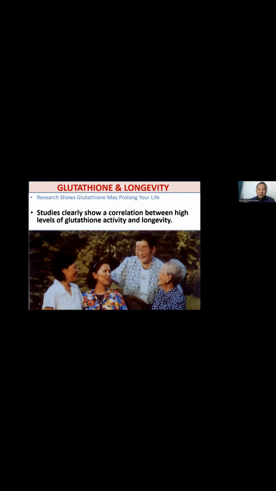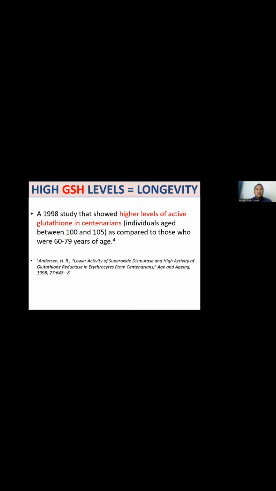And because of its many roles, studies have shown that glutathione can prolong life. Studies clearly show correlation between high levels of glutathione activity and longevity. In particular, two studies. The first one showed that higher levels of active glutathione, that is the GSH, or the reduced form of glutathione, were found in healthy individuals aged 100 to 105, compared to those who were 30 to 40 years younger.